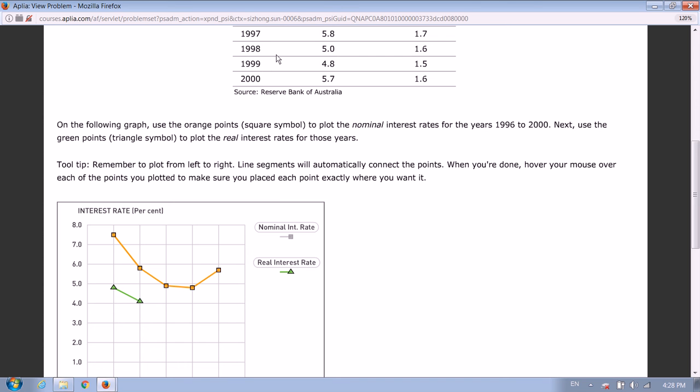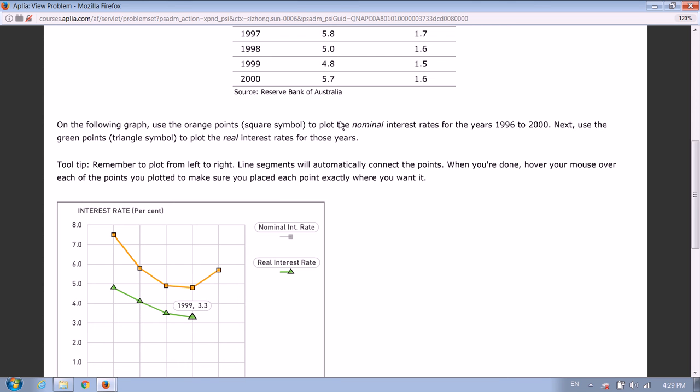In year 1998, it's 5.0 minus 1.6, 3.4. In year 1999, 4.8 minus 1.5, so it's 3.3.